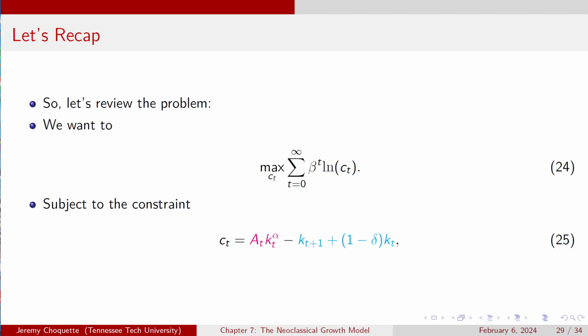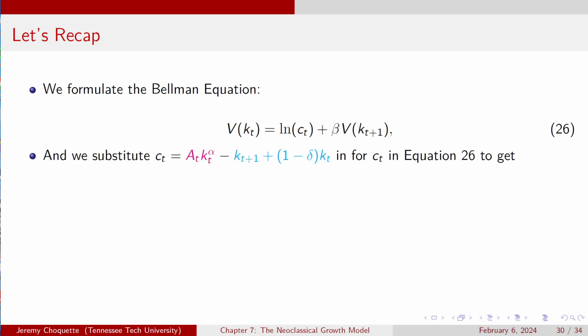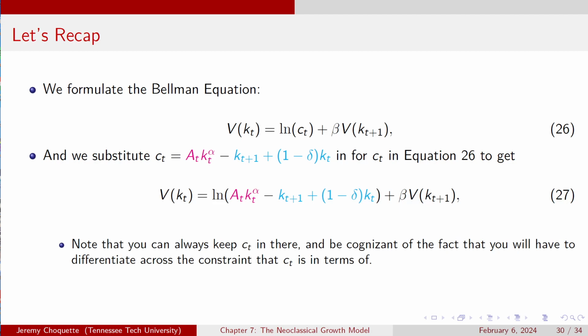So we've got this objective function, this utility function, and this constraint. I have this Bellman equation, which is almost always going to be this. The only difference is you'll have more arguments in the V function. But you substitute c equals output minus investment in for consumption in equation 26, and that gives you equation 27.